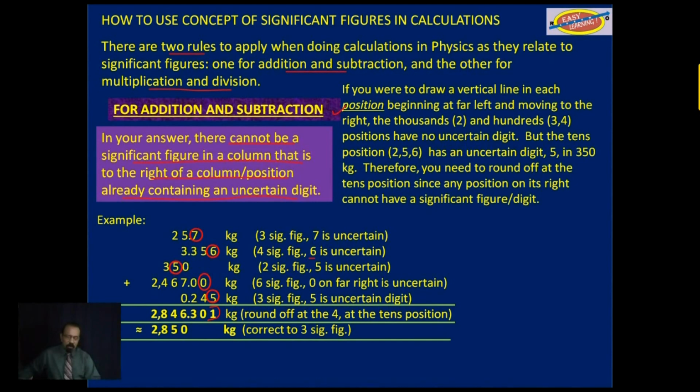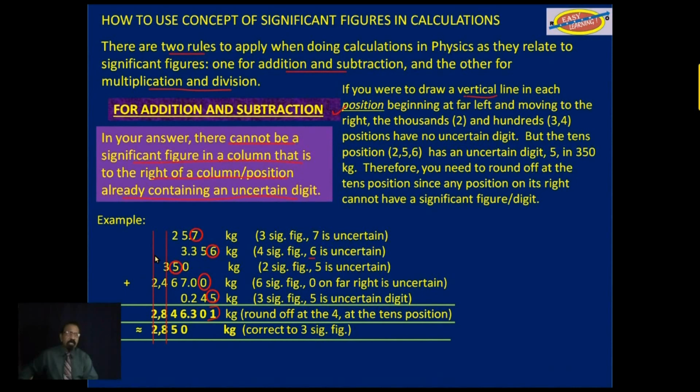If you put these in columns, as I said over here, and you draw a line straight down, a vertical line, beginning at the far left and moving to the right, the thousands position, as you could see, has no uncertain digit. You can also see that in the hundreds position, there is no uncertain digit.